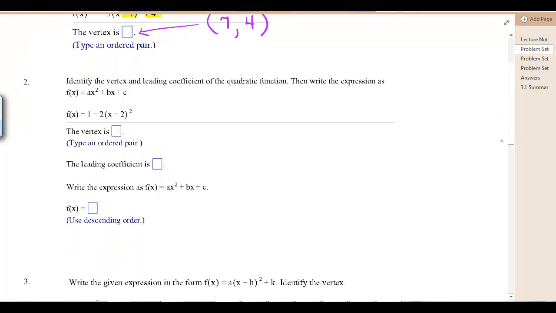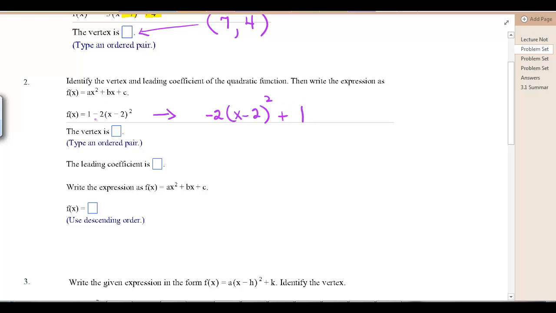Number 2, identify the vertex and the leading coefficient, and then write it in the other form. All right, so the first thing you want to do, this isn't quite in the right form, we have this 1 in the front, is to reorder it. So we have -2 parentheses x minus 2 squared plus 1, because that's a positive 1.